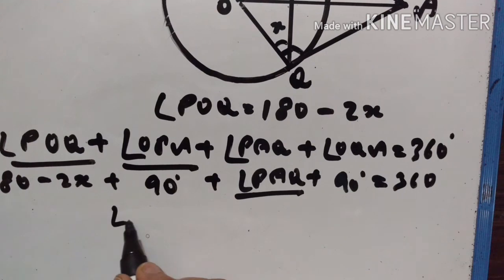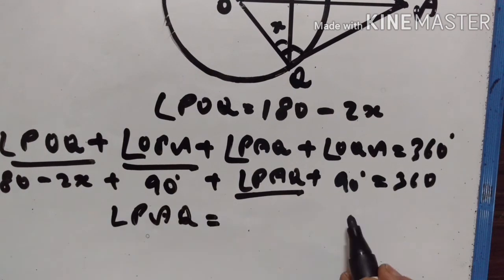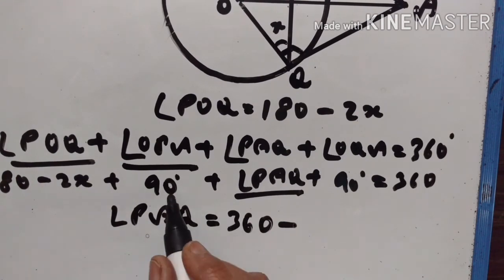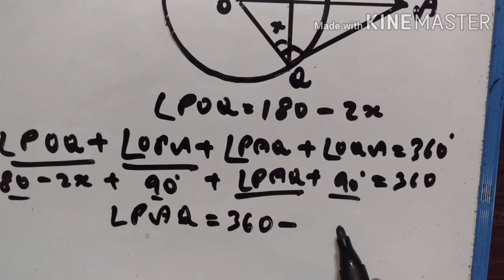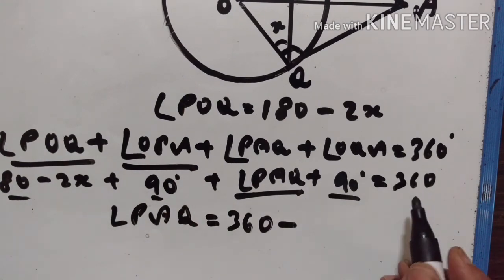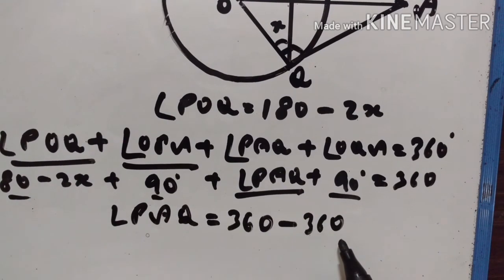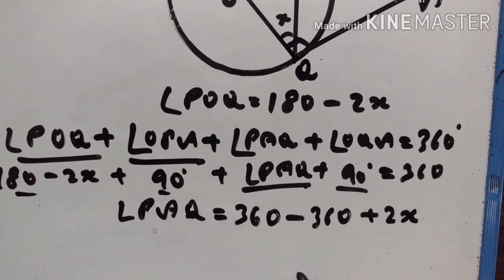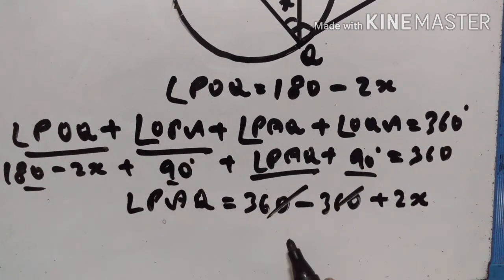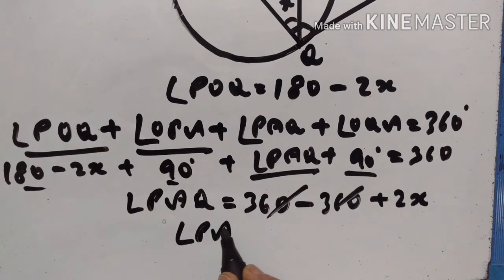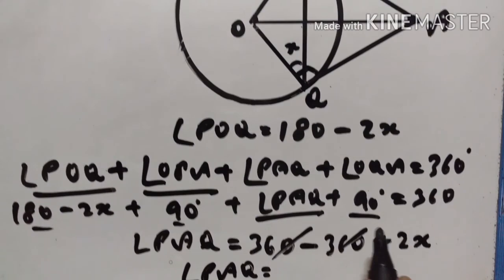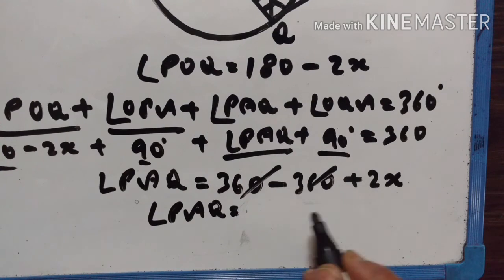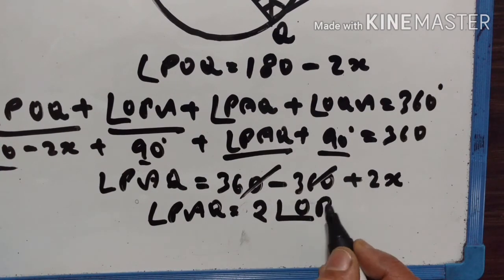Therefore angle PAQ is equal to 360 minus 180 plus 2x plus 90 plus 90, which is equal to what? 360. 360 when it is transposed to the right it becomes minus 360. Minus 2x becomes plus 2x. 360 goes off. Angle PAQ is equal to 2x. X is equal to what? Angle OPQ. X is equal to angle OPQ. So angle PAQ is 2 into angle OPQ. Proved.